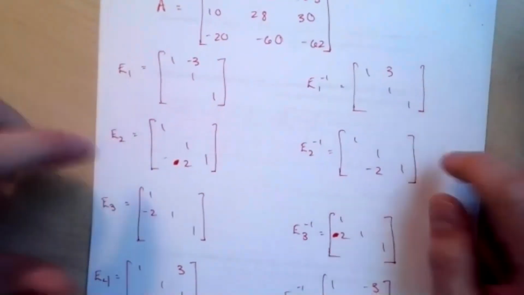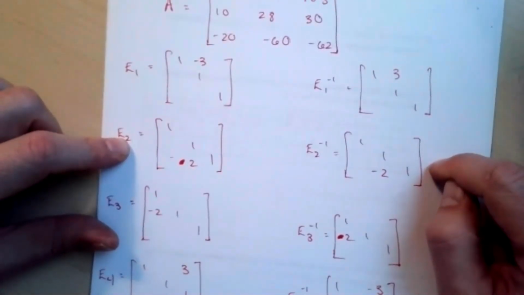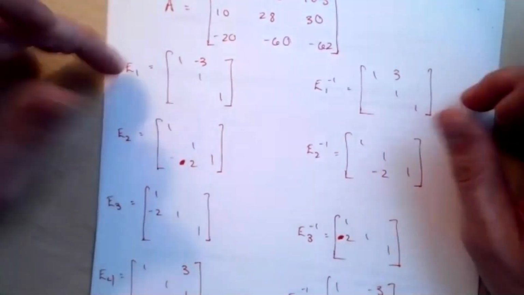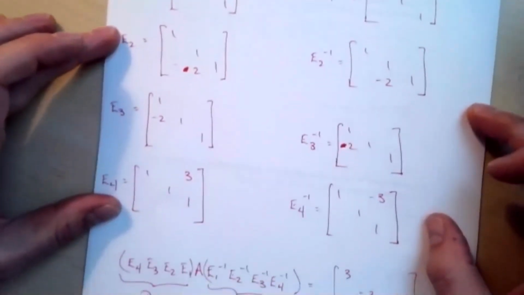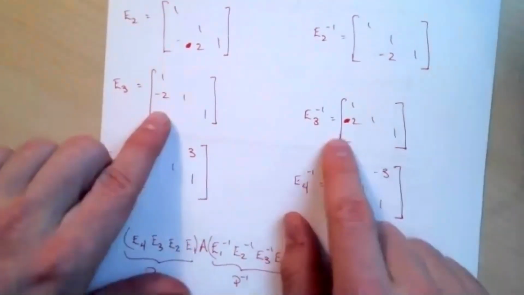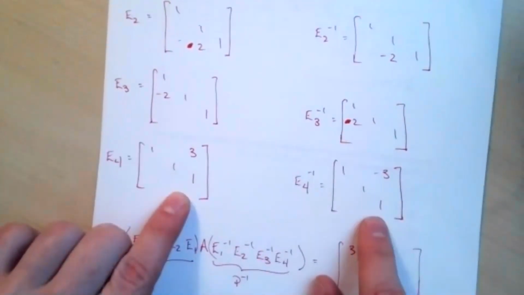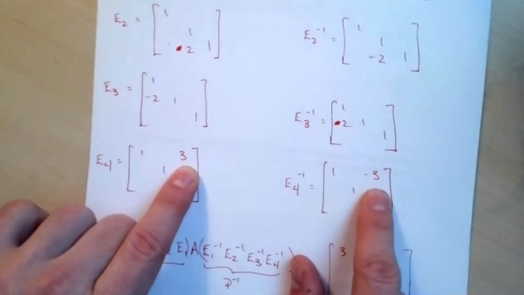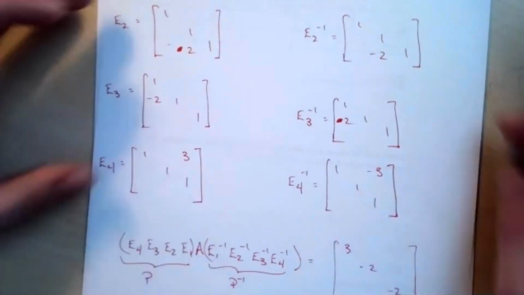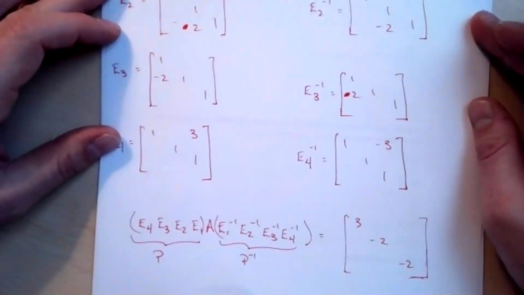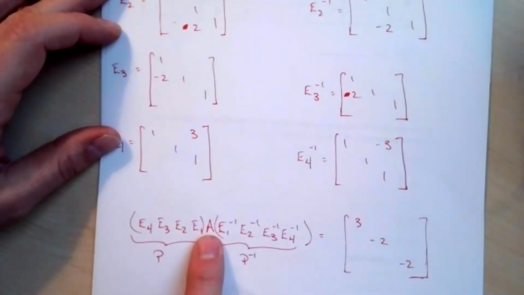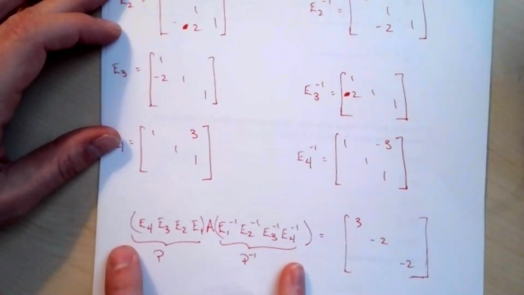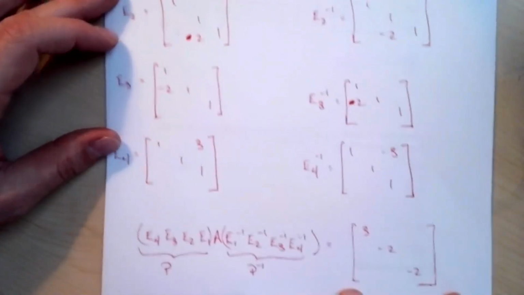Actually, I might have flipped those. I think we might have done this one first and then this one second. These two commute, so it doesn't matter which we do in that order. Then for that E3, we had the E2 there, and the E4 is going to change this guy to a -3. And then, of course, we showed that applying that sequence of operations in conjugation is going to diagonalize our matrix.